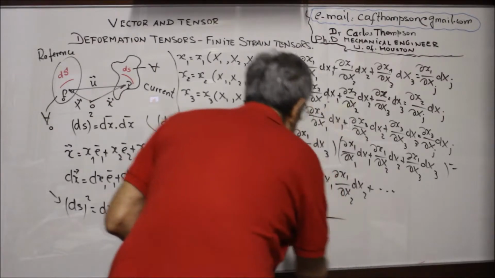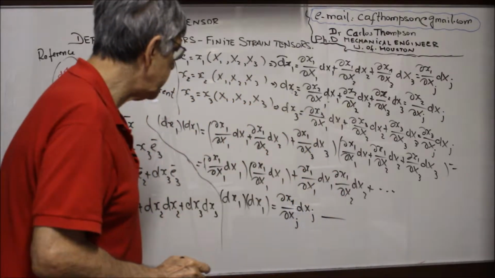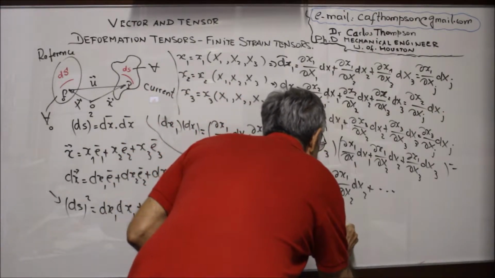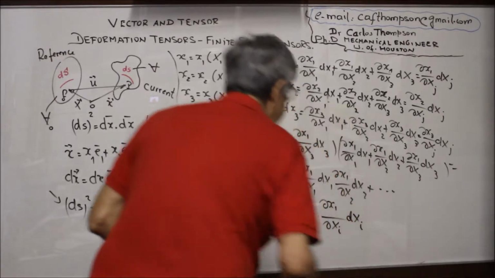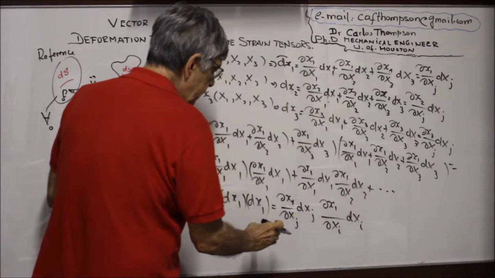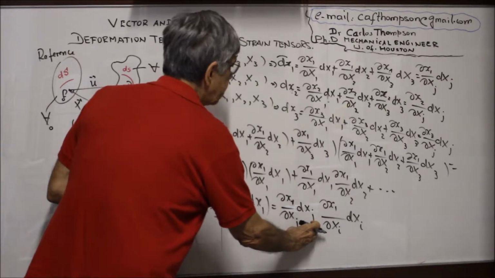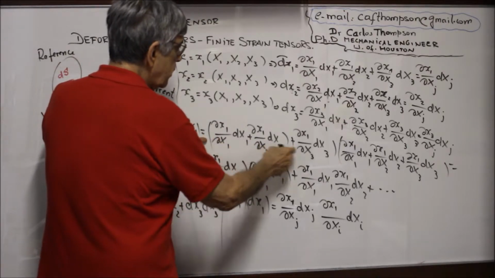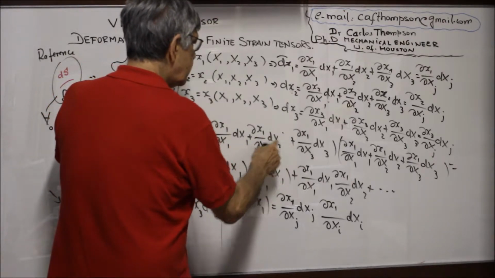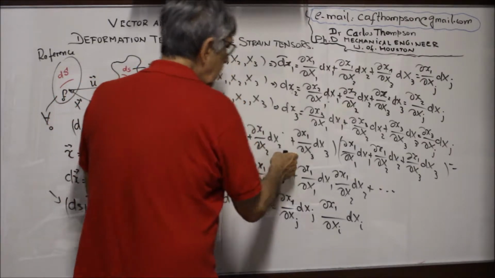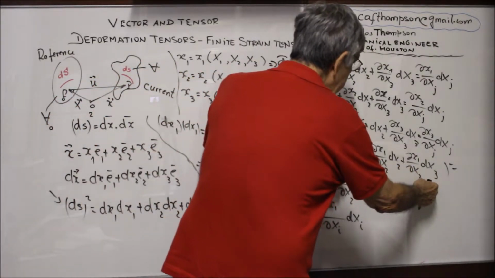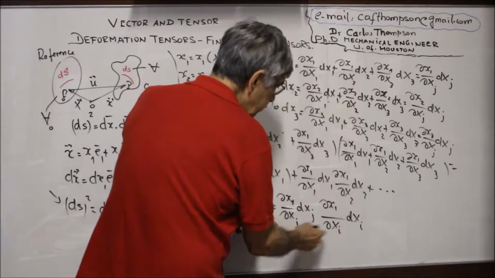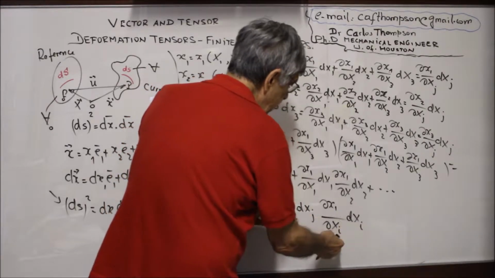Now I will not use j as the dummy for the other factor, I use i: partial x1 with respect to Xi dXi. Why am I doing this? Because this is a sum on j, and this is a sum on j. But here the dummy could be different from j. It could be k or i or m.